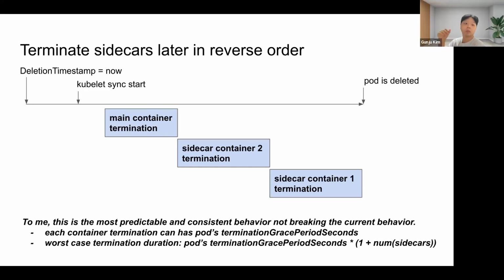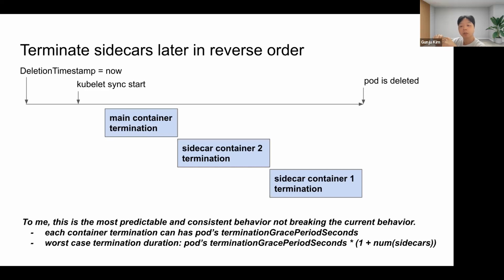But the deletion timestamp is set by the kube API server, I think. Actually, it doesn't matter, but if we want to do that, then we have to change the code, because the code doesn't care about the deletion timestamp. It only cares about its own termination process.